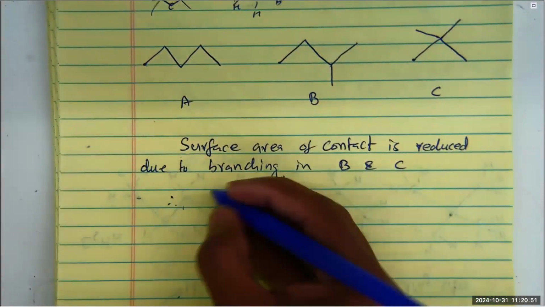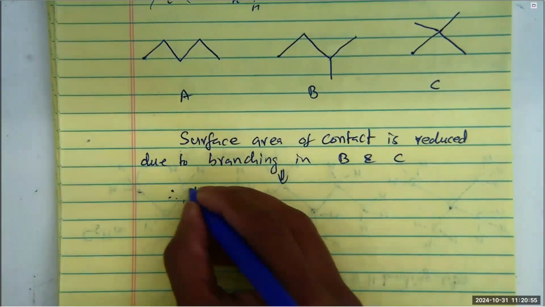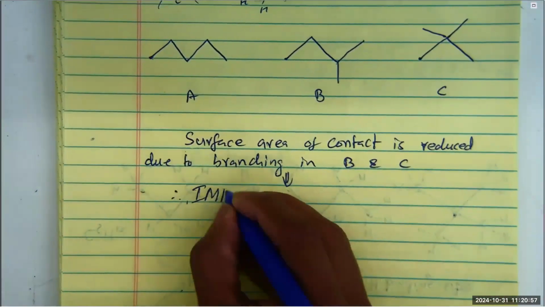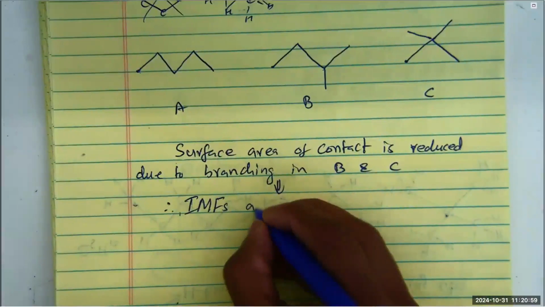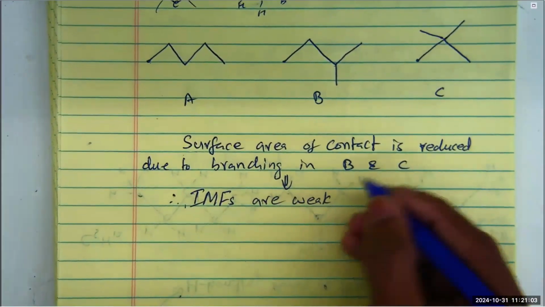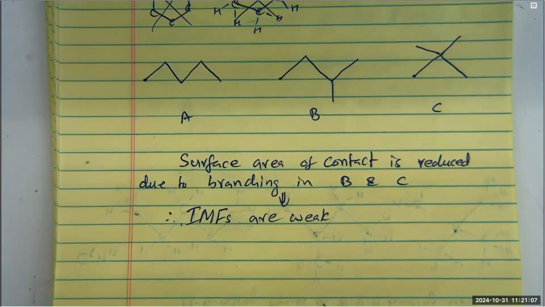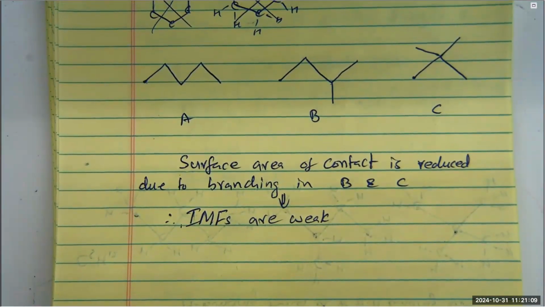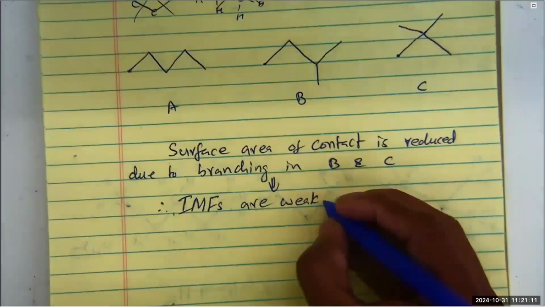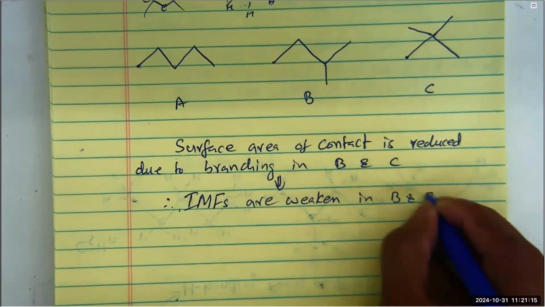Therefore, the intermolecular forces, let me call them IMFs now, you know that now, are weakened. It can be any type of intermolecular force, dispersion, dipole, or hydrogen bonding. If you cannot get closer, then you cannot have strong interactions. They are weakened in B and C.